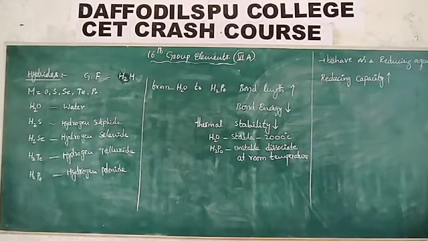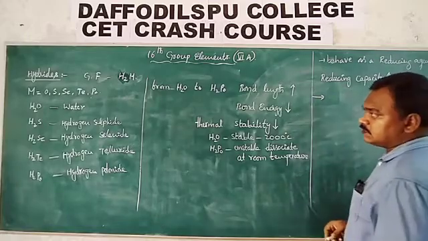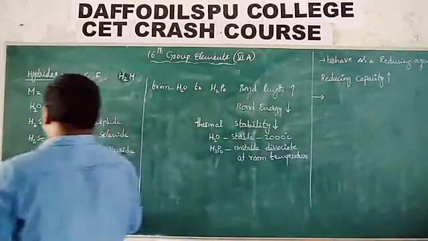H2Po is the strongest reducing agent. All these hydrides contain lone pairs of electrons.